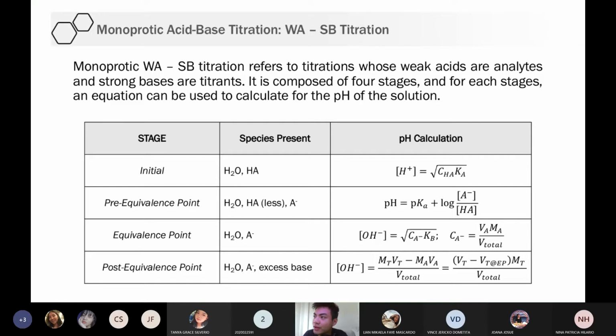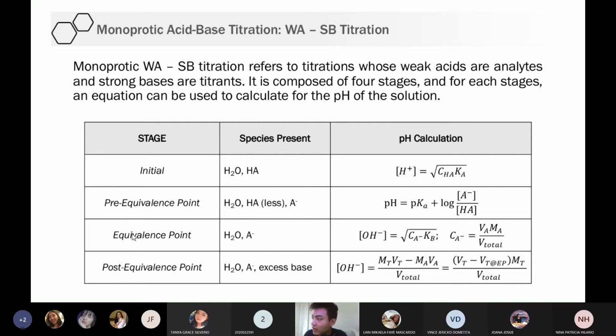Okay? So again, similar to the previous types of monoprotic titration we had, meron din tayong apat na stages dito. So we have the initial, pre-equivalence point, equivalence point, and the post-equivalence point na. And alam nyo na rin dapat na kapag magsosolve kayo, you should always look for the equivalence point muna. Hanapin nyo muna si VTEP.